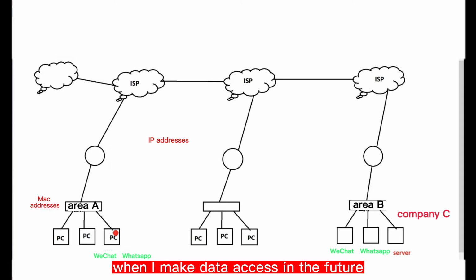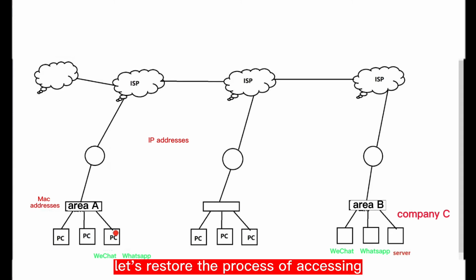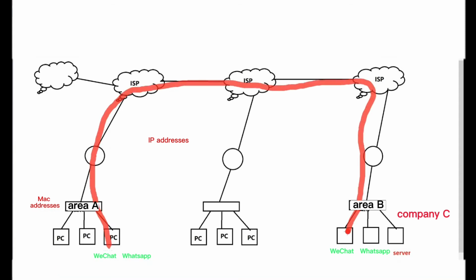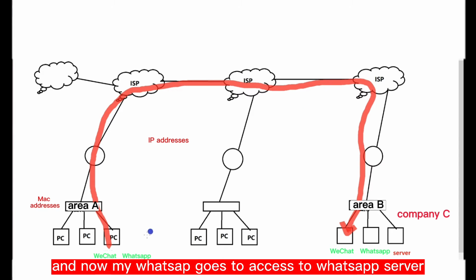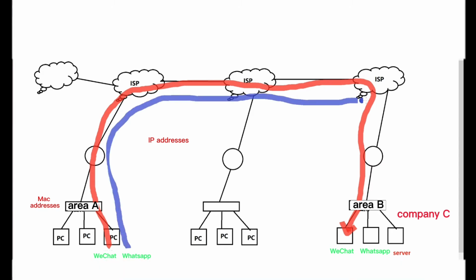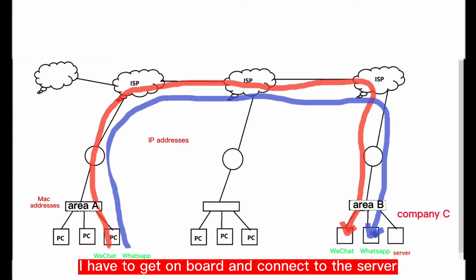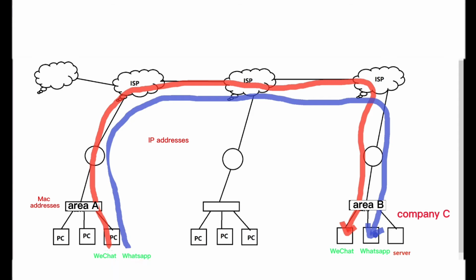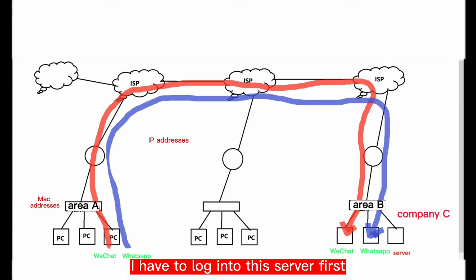When I make data access in the future, let's restore the process of accessing. Suppose my WeChat wants to access the WeChat server, and my WhatsApp goes to access the WhatsApp server. To communicate, I have to log into the server first, because my chat history and account password are kept inside. So now we have a problem.